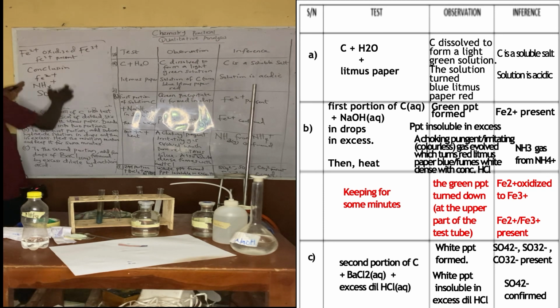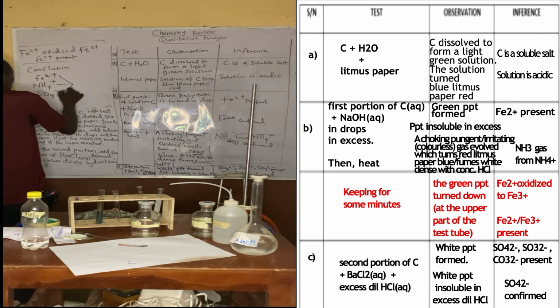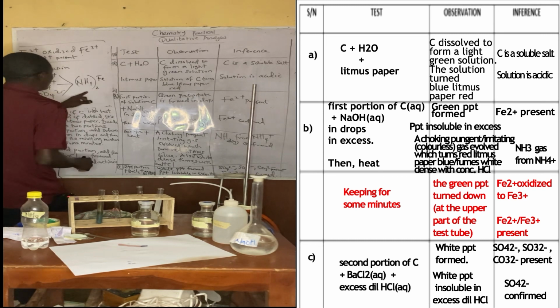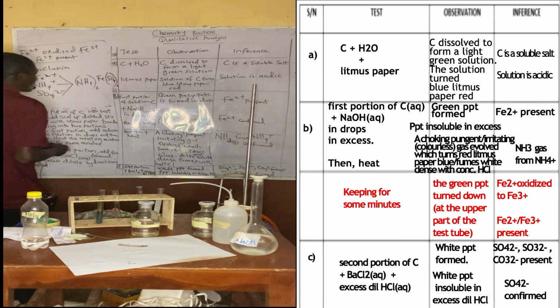Now when you combine these together, and we are told that C is a double salt, you are going to have ammonium, Fe, and SO4 2-. So that's the salt.